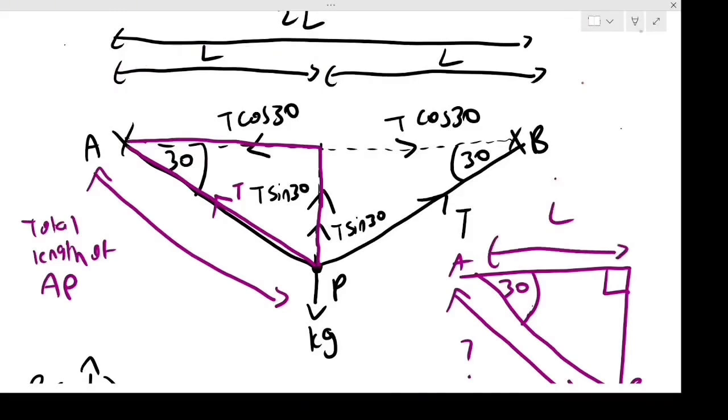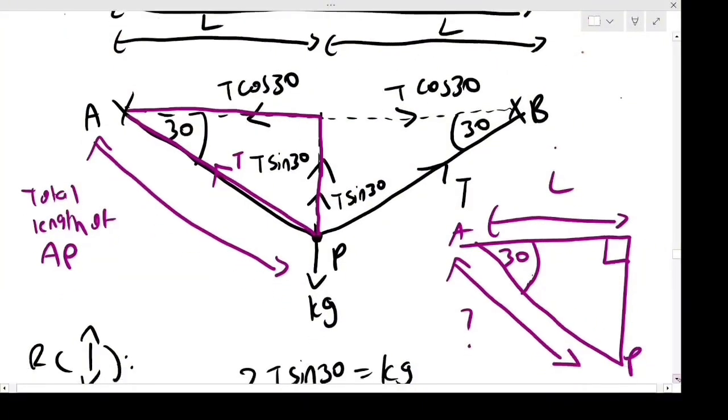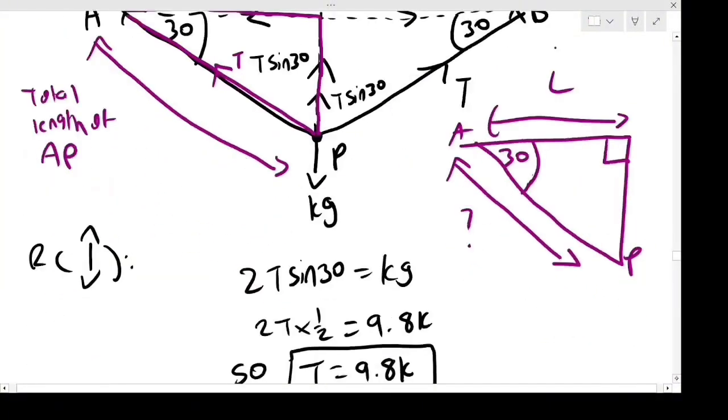So now I'm in a position where I know an angle and a side. If I use SOHCAHTOA, the side AP here is my hypotenuse, because that's facing the right angle. And here, the side L is my adjacent.